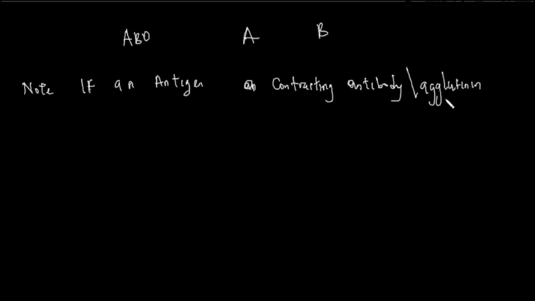Another name for antibody is agglutinin. Another name for antibody is what? Agglutinin. I hope this is clear.